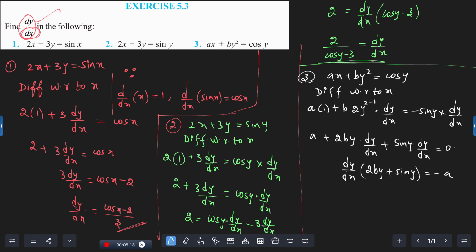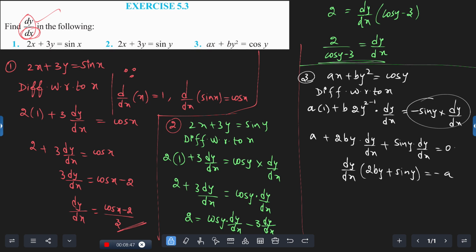People you may have a doubt: sir, here this one you sent opposite, I mean the number, but in the third question you are bringing the trigonometry function to the opposite side, why? Here actually cos is in positive, so let it be as it is, so that I didn't disturb anything. But in this third question, the right hand side term is negative.